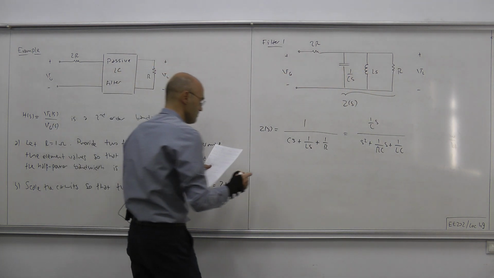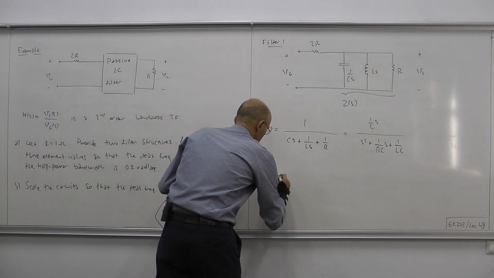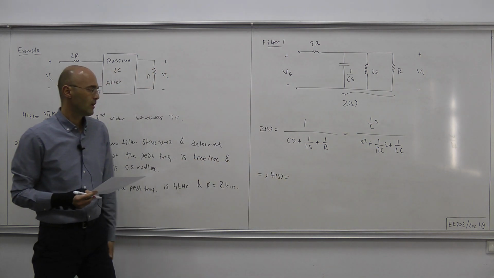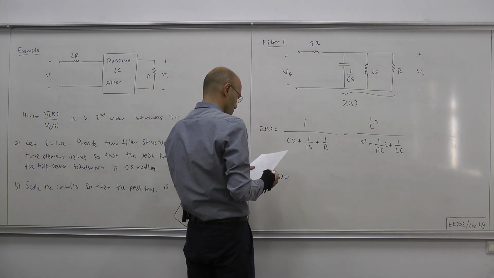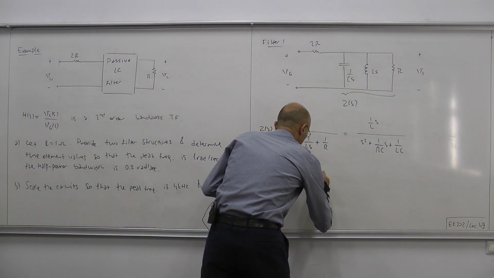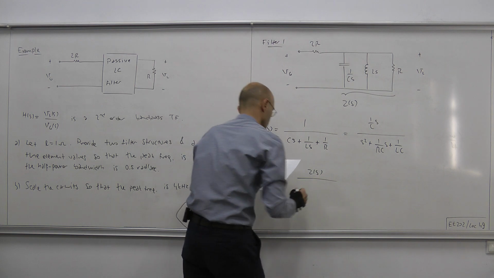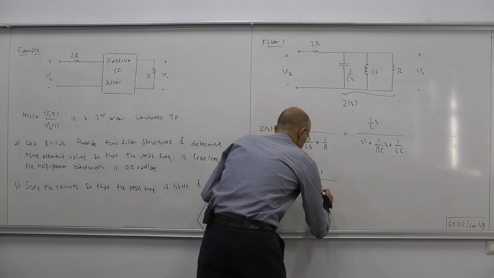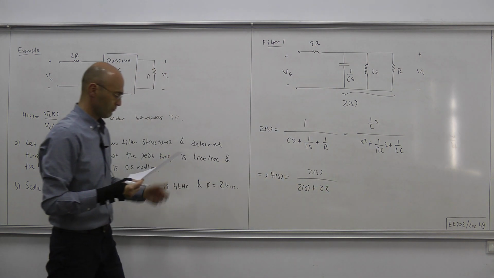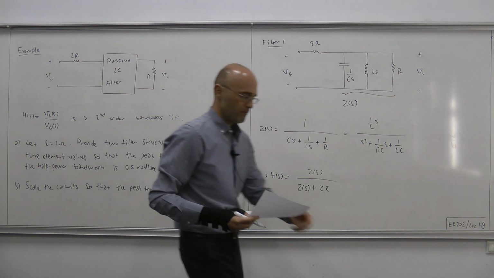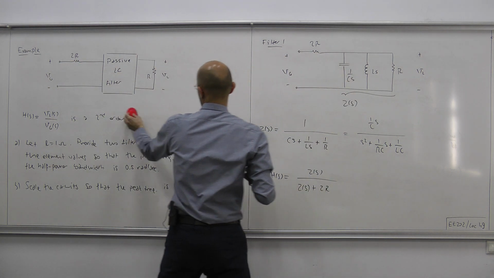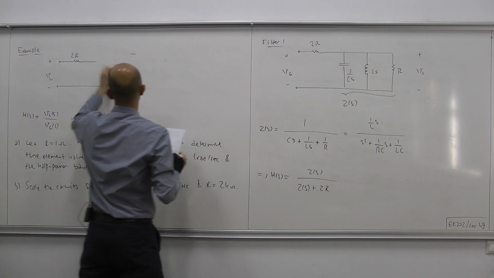The transfer function can then be produced by the following voltage division: Z of S over Z of S plus 2R. Let's continue with our design.